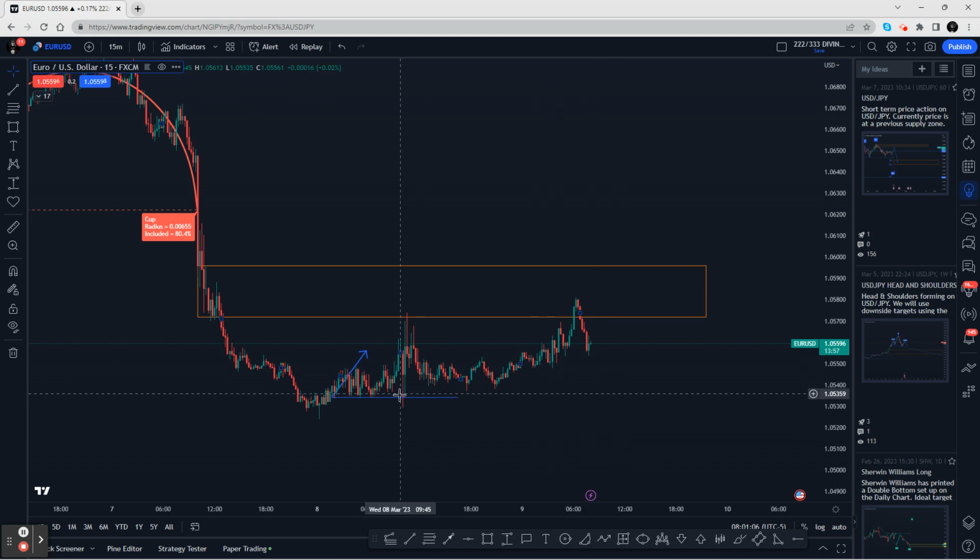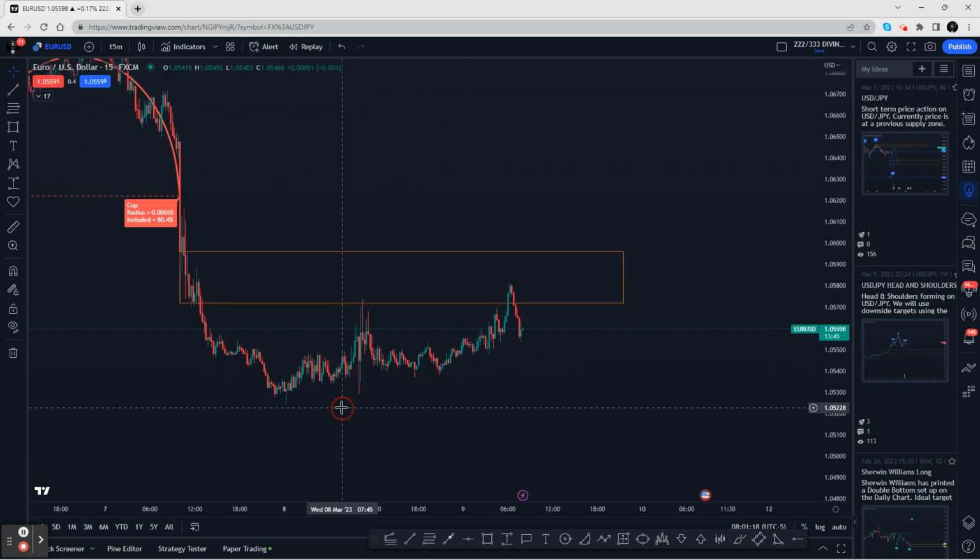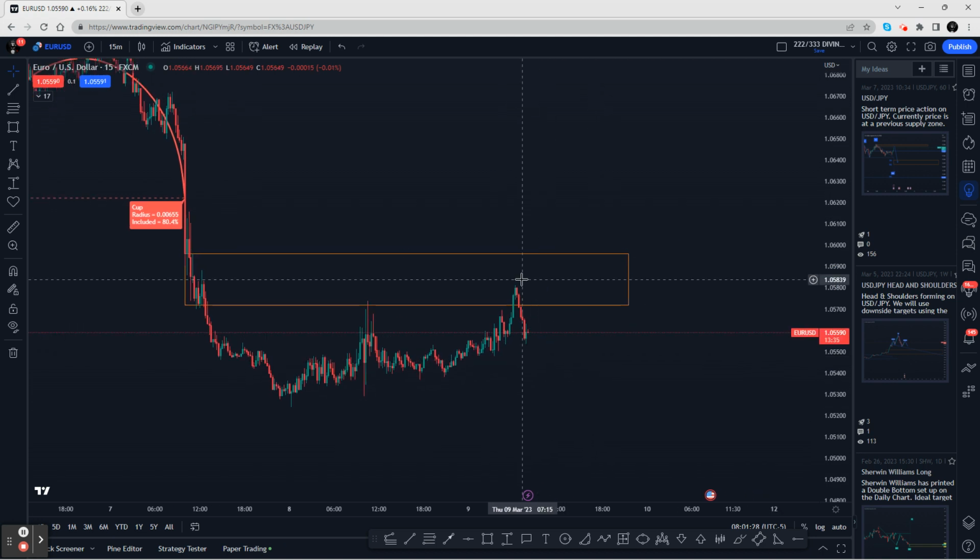So we can do the same thing by measuring some of these impulses as well. Now, when we get down into an area like this, yeah, you do have to be a little careful because a lot of times it could be a bear flag or a pennant forming down here, and it's not really truly a trend reversal. So we can get up here and we can fill on these levels and we can push lower.